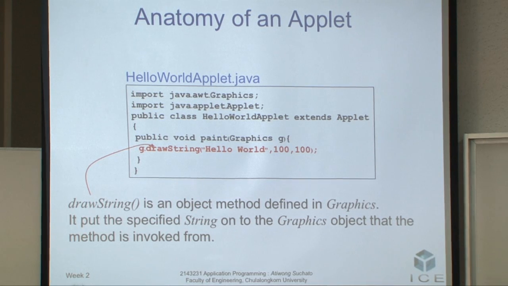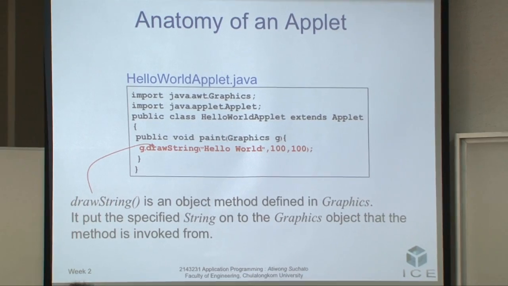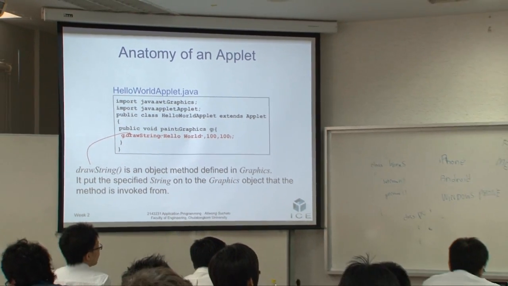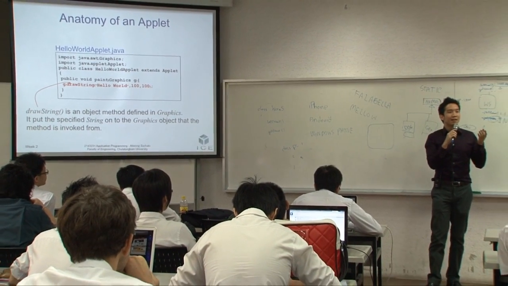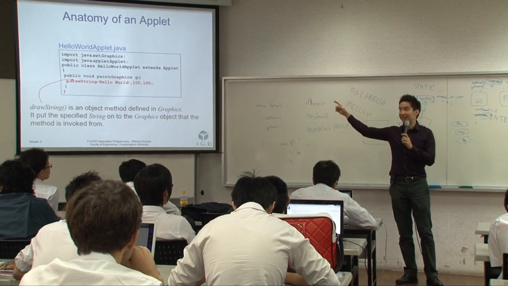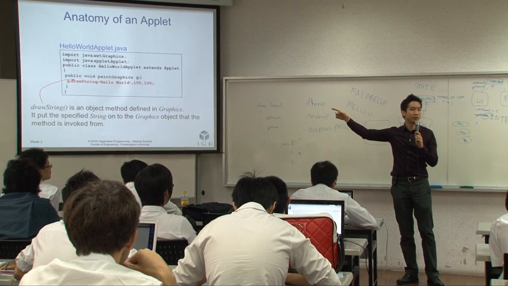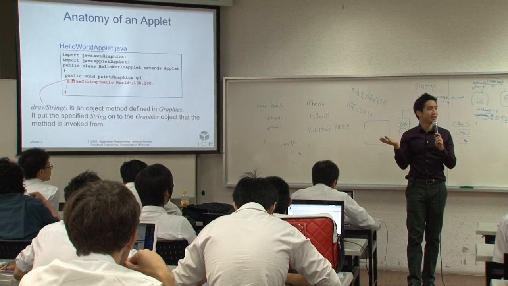So the point that I'm trying to tell you guys is that to do homework 2, you're going to have to look up the methods that you can perform, for example, on the Graphics class. Because I can assure you that you will need much more than just a drawString method to do your homework 2. So Javadocs will be your friend.